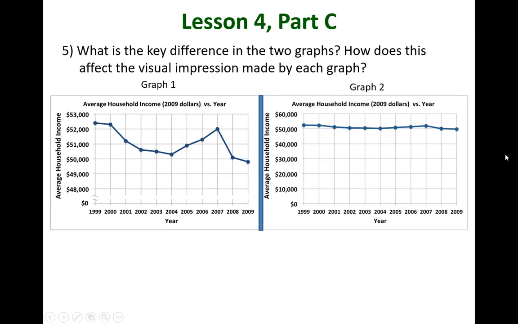What is the key difference in the graphs? How does this affect the visual impression made by each graph? Well, we already found the key difference, and the key difference is the vertical axis is different. And the most significant, of course, is this point right here where they've skipped over all of the dollar amounts from 0 to 48,000.